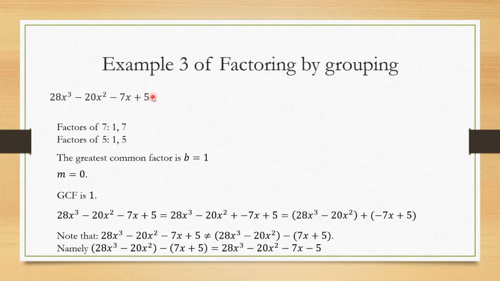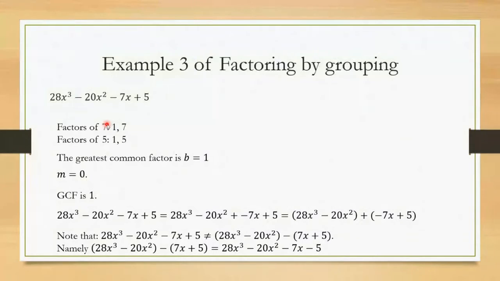Now, for the coefficients and the constant term, if you were to list the factors of 7 and 5 alone, you could do 28 and 20 as well, but 7 and 5 are small, so let's start with those.